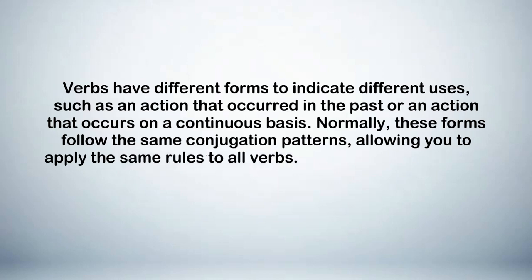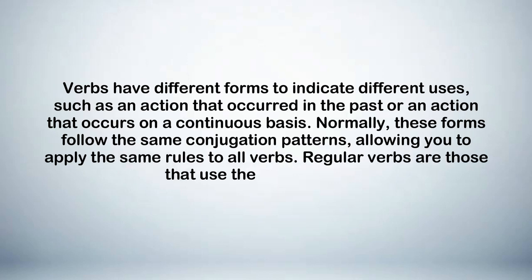Normally, these forms follow the same conjugation patterns, allowing you to apply the same rules to all verbs. Regular verbs are those that use the normal forms. To fully understand regular and irregular verbs, let us take a look at the forms of verbs.